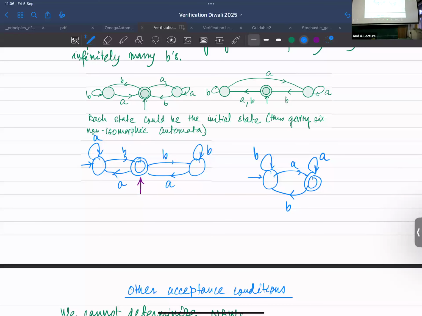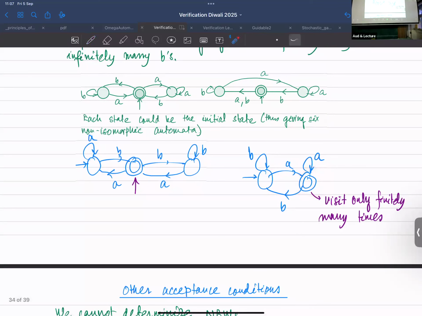But now I change the acceptance condition and I say that this is the set of states which you should visit only finitely often. Visit only finitely many times, right? So this is a deterministic automaton, but now I'm saying that this state you should visit only finitely many times.